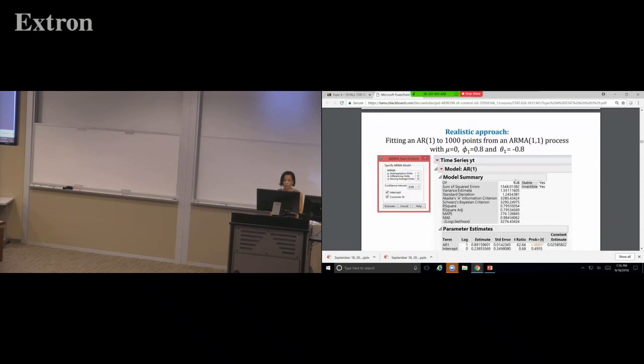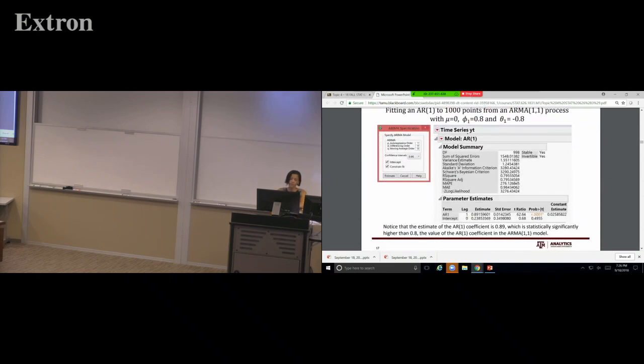Okay, so if we take our time series, our Y of t, our original simulated 1,000 points of data, and specify an AR1 model, so here autoregressive order P is 1, what do we end up with? We end up with an AR1 coefficient that's 0.89, which is statistically significantly higher than the original phi 1 of 0.8.